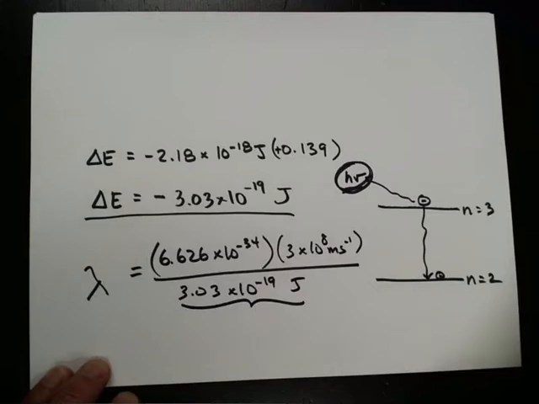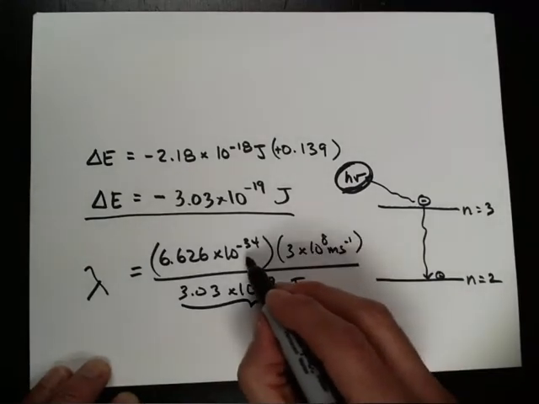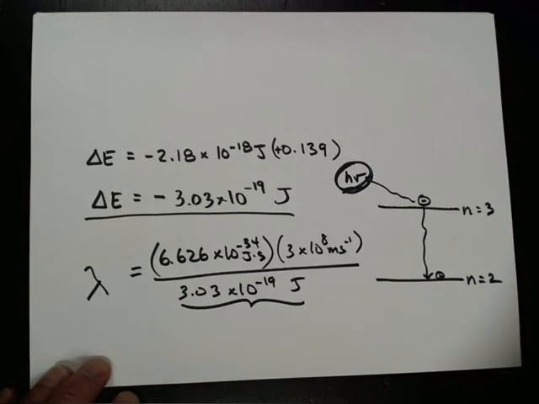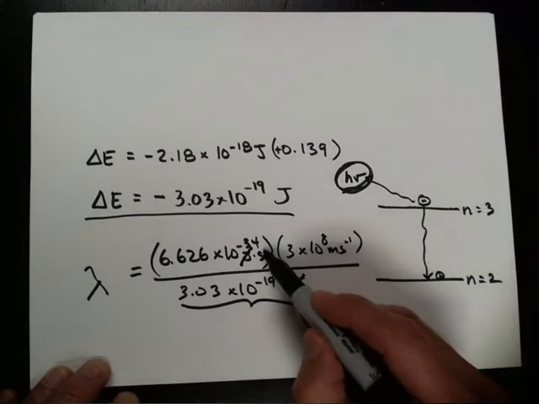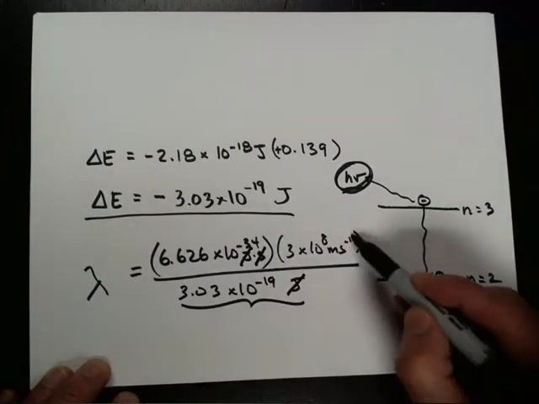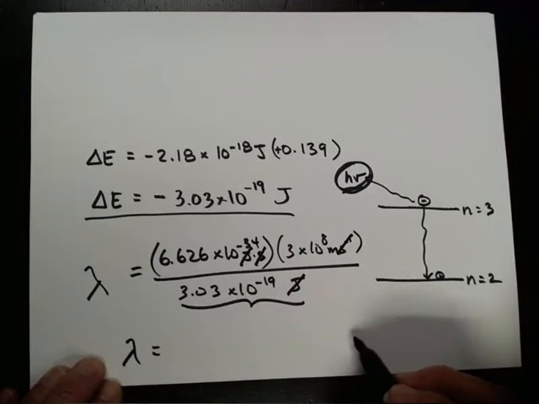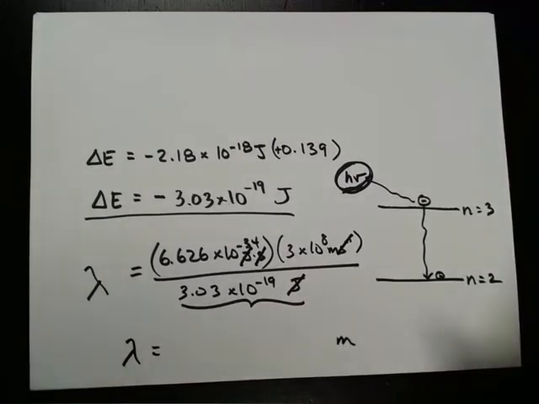That's why I've dropped the negative sign. Oh, and I forgot my units here on Planck's constant. That should be joules times seconds. All right, the joule on the numerator cancels the joule on the denominator. The second on the numerator cancels the inverse second on the denominator, and we have lambda in units of meters, just like before.